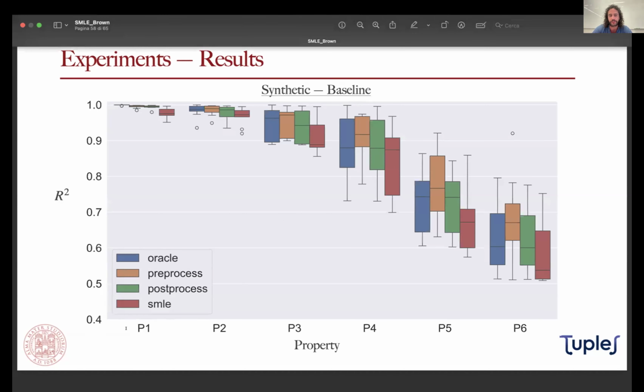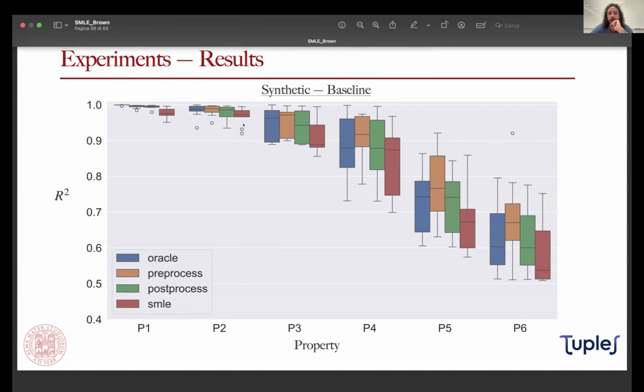We considered 6 randomly generated properties for the synthetic benchmark, and I am comparing in terms of R-square, a value between 0 and 1, the closer to 1, the better. So first observation: the accuracy of our model deteriorates with the difficulty of the property. Again, we have a misalignment, so this is totally expected.